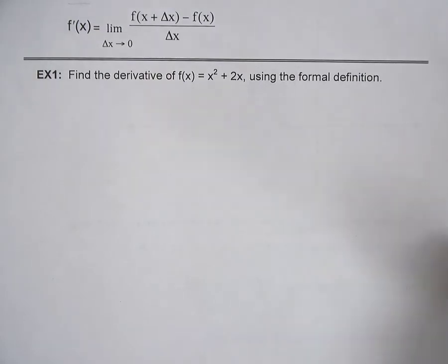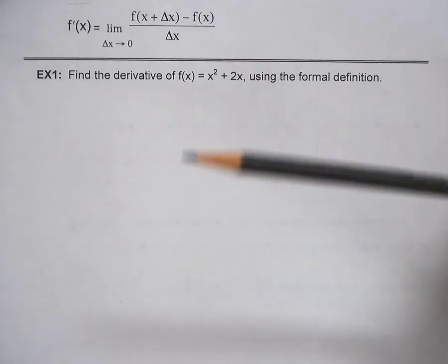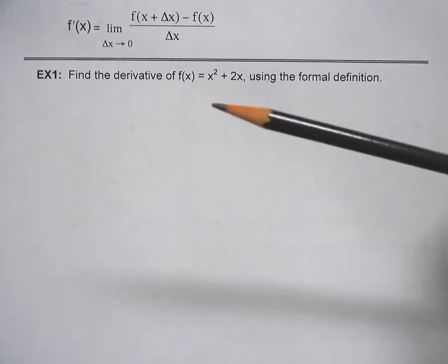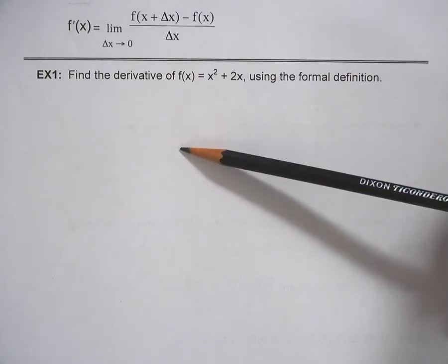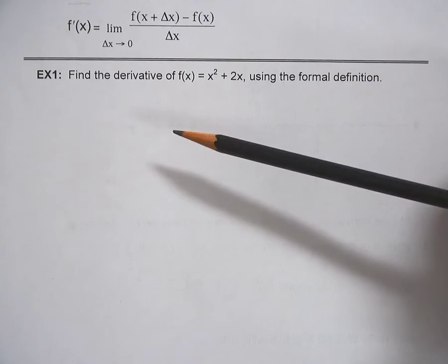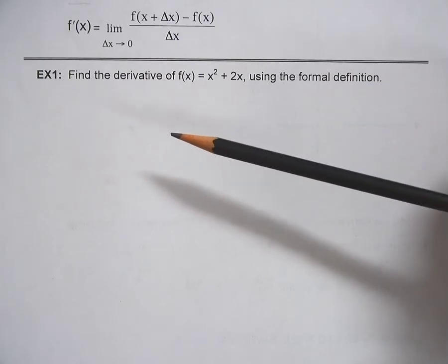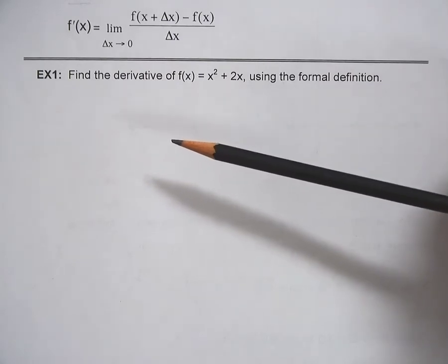On the first one here, it says find the derivative of f of x equals x squared plus 2x. Now, since we're finding the derivative, remember that this is where a lot of people are going to want to use those shortcuts that we haven't learned yet. Just please back off for now. I'll teach those to you later.